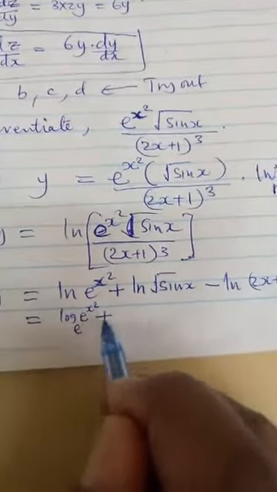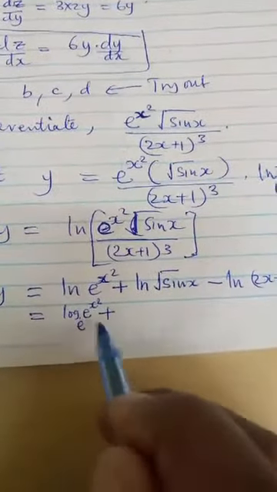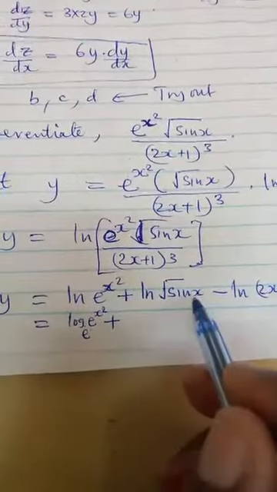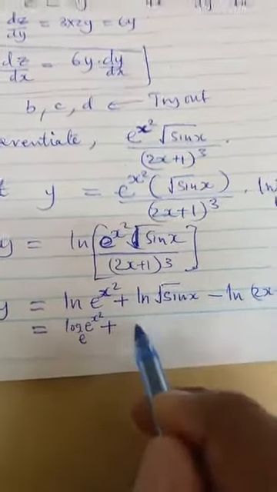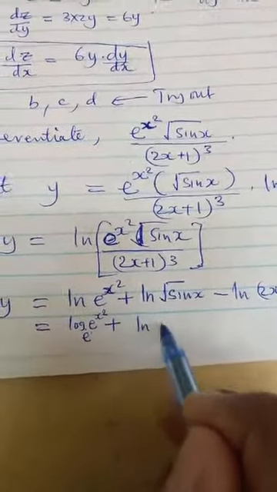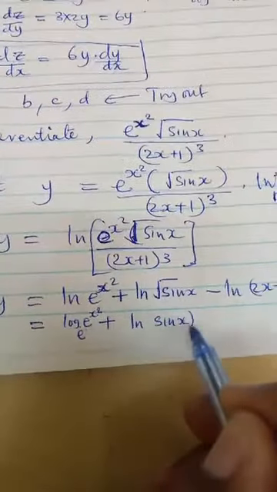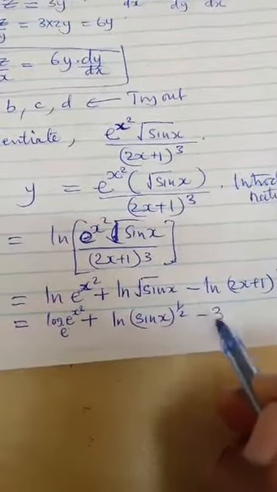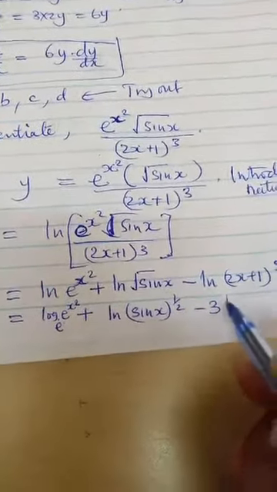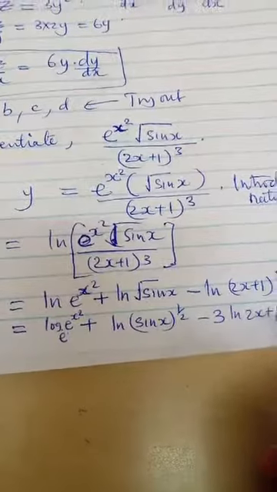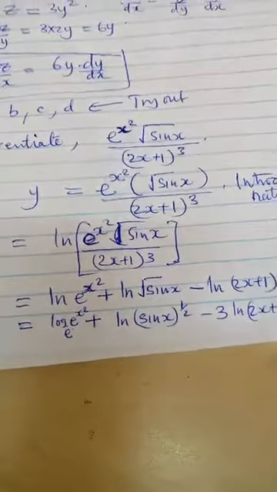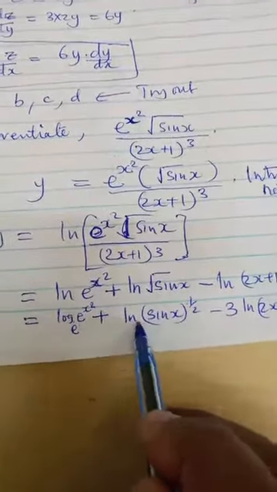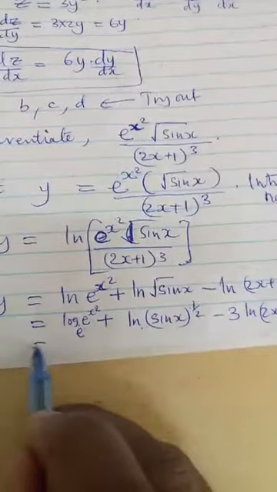I have put this there for you to be able to quickly see, but I will leave the rest for now the way they are and say this will be the ln of the sine of x, also the power half, minus, this is clear, I can write it as 3 the ln of 2x plus 1. This half is going to come here, and this x squared is going to come out.